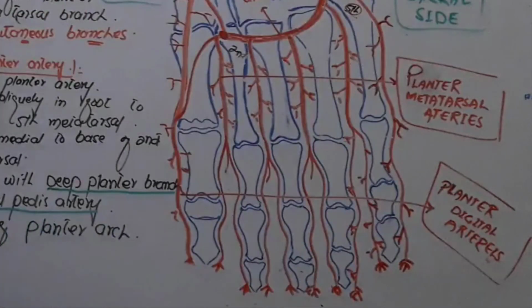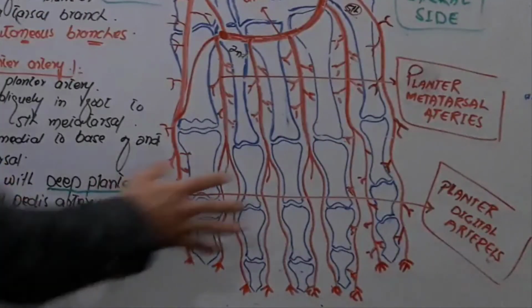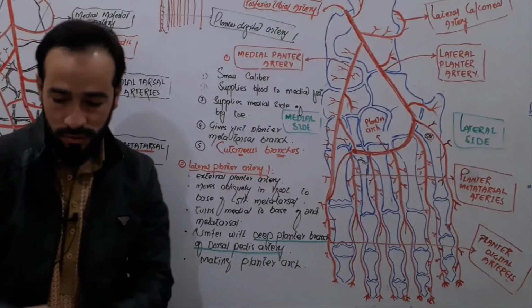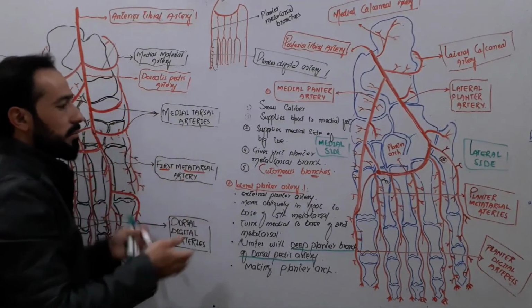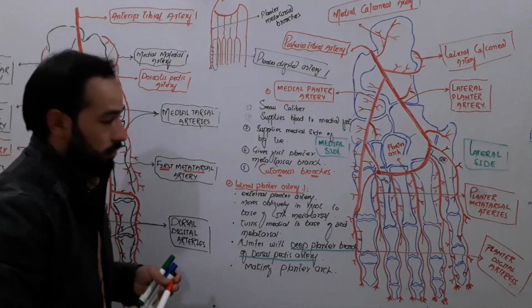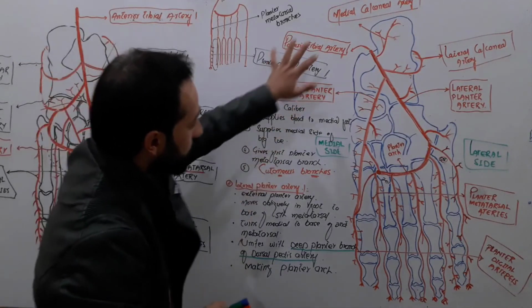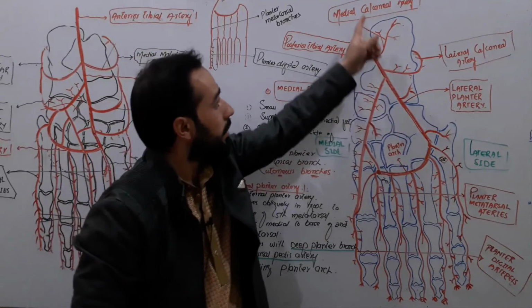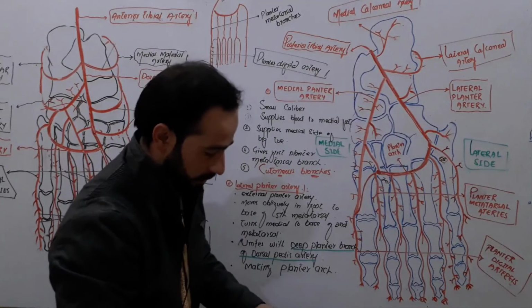Clear, friends? So these plantar digital arteries and these dorsal digital arteries will make further anastomosis and will complete the blood supply of the foot. Clear? So friends, this was about the blood supply of the foot from the plantar surface.